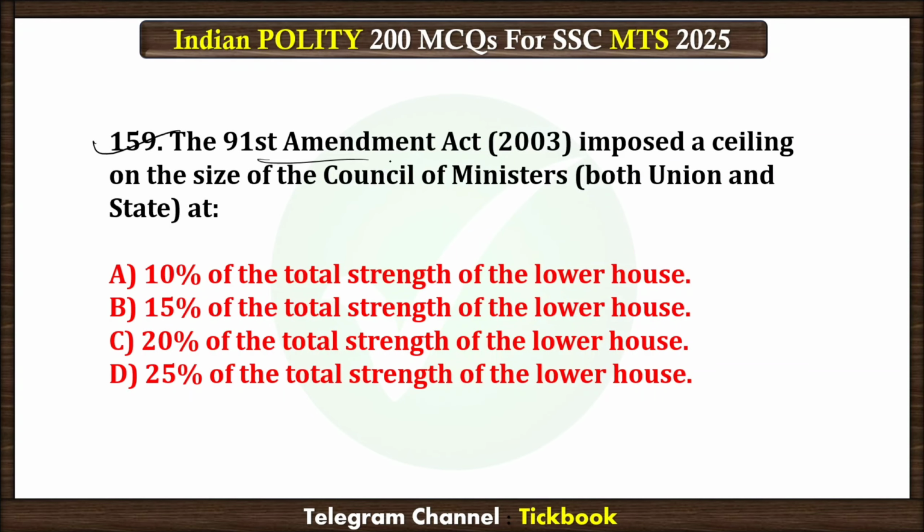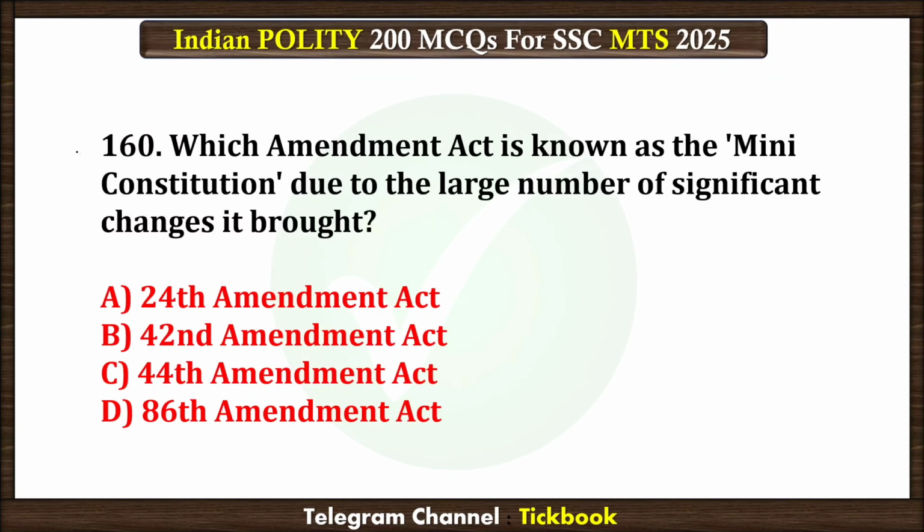159. The 91st Amendment Act 2003 imposed a ceiling on the size of the Council of Ministers, both union and state, at B, 15% of the total strength of the lower house. 160. Which Amendment Act is known as the mini constitution due to the large number of significant changes it brought?